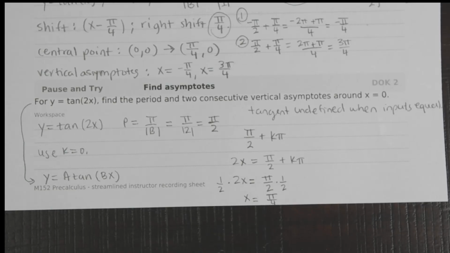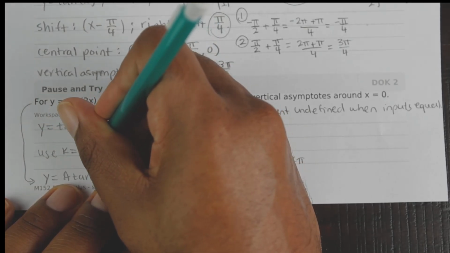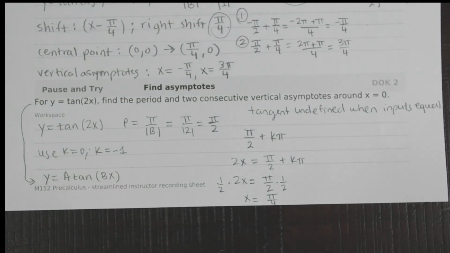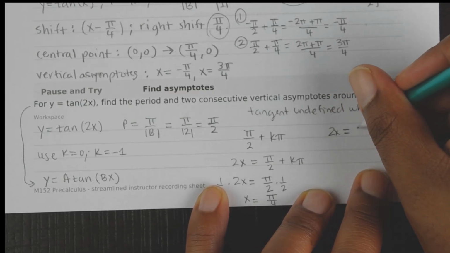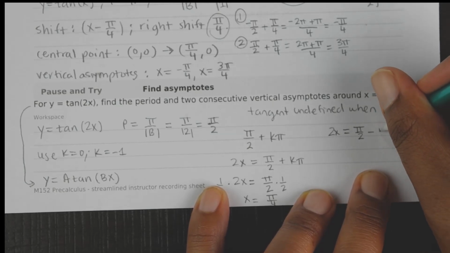So to find the asymptote closest to the left of 0, we need to use k equal to negative 1. Okay. Now, that would be 2x equals pi over 2 minus pi.